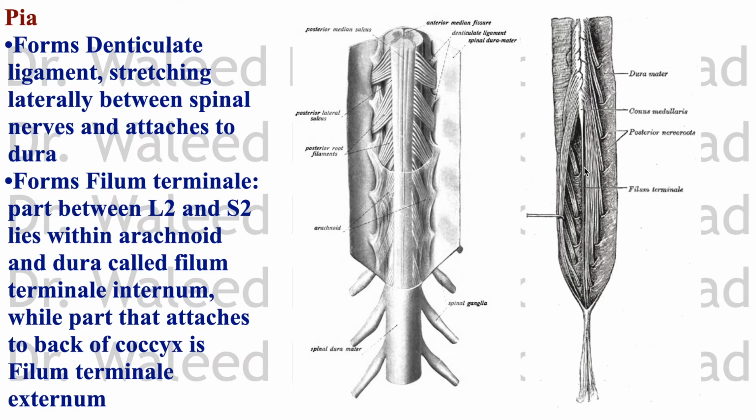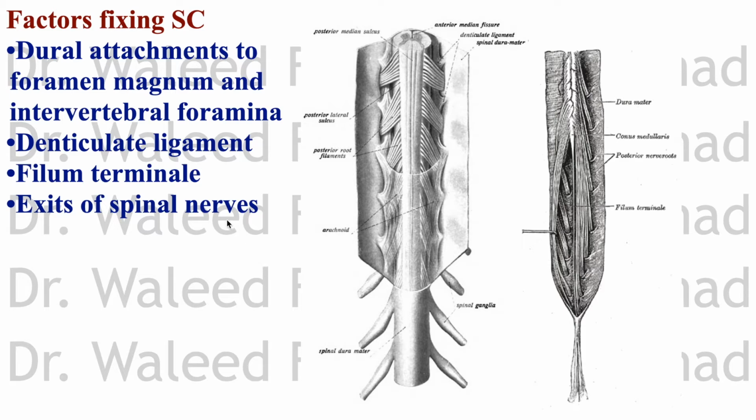This is not a nerve root. It's simply the continuation of the pia. The filum terminale has a part inside the lumbar cistern called the filum terminale internum, and then after piercing the arachnoid and dura, it's called the filum terminale externum, to be attached to the back of the coccyx to fix the spinal cord.